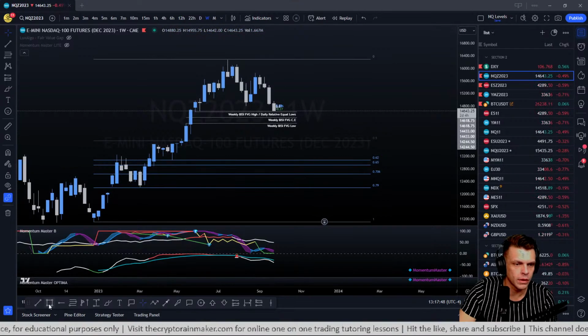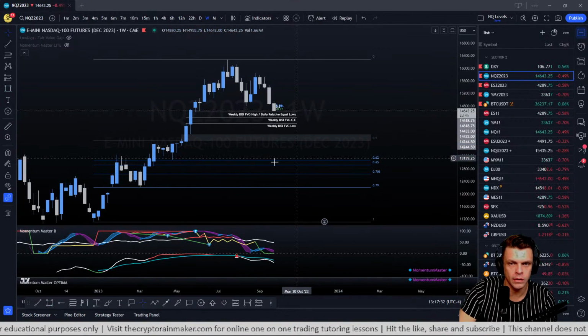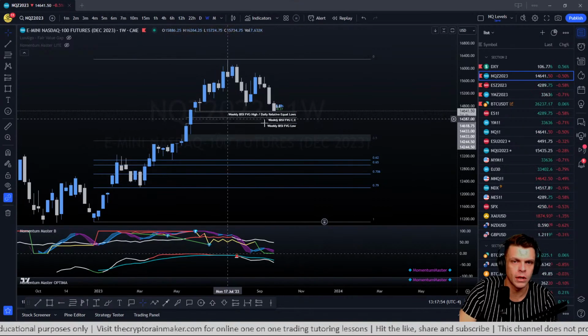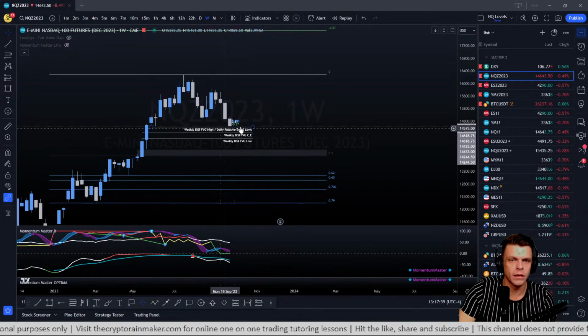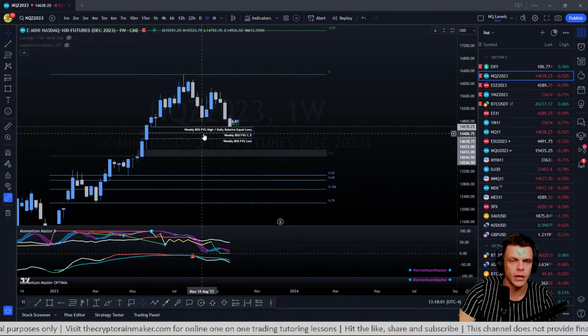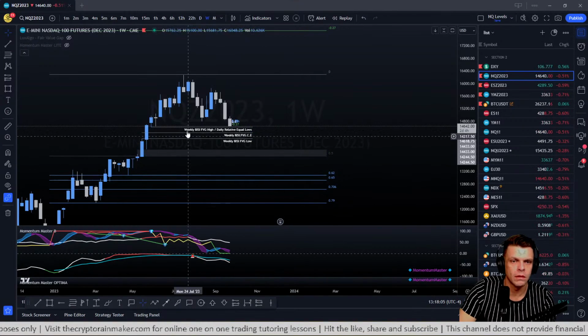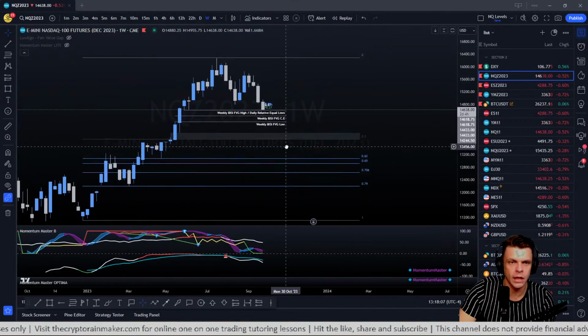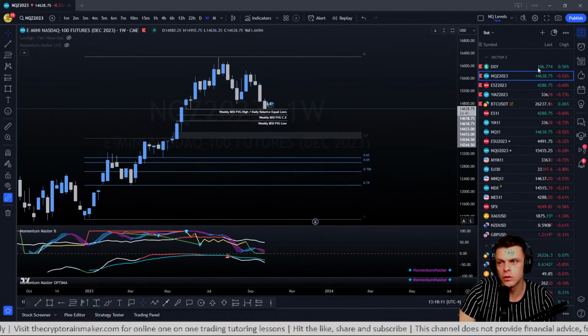And then we also have this imbalance right here at the equilibrium. So maybe it's just gonna move into this fair value gap and then create an inversion fair value gap, which will act as resistance and then move into the discount. I mean, there's an order block candle right there. Who knows? So we'll have to see.